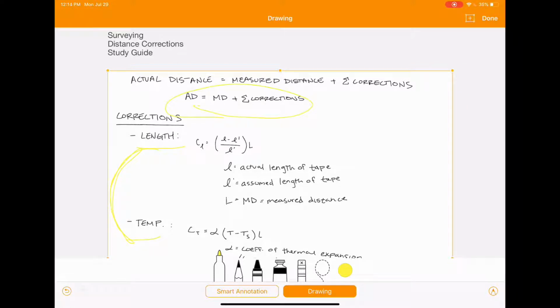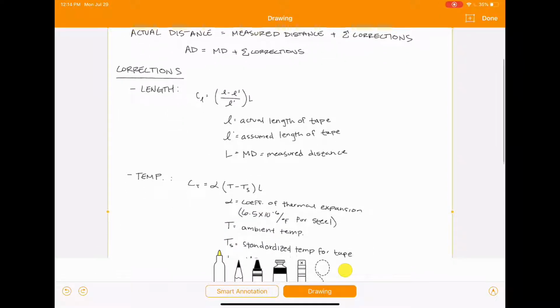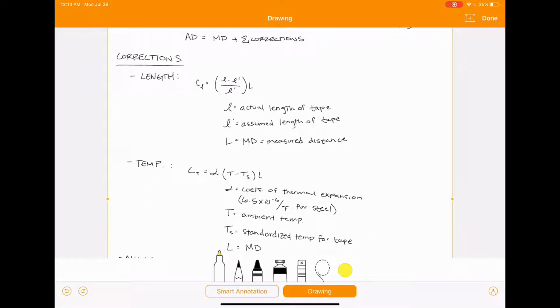It's not just going to be one correction at a time, but the sum of all of those corrections.